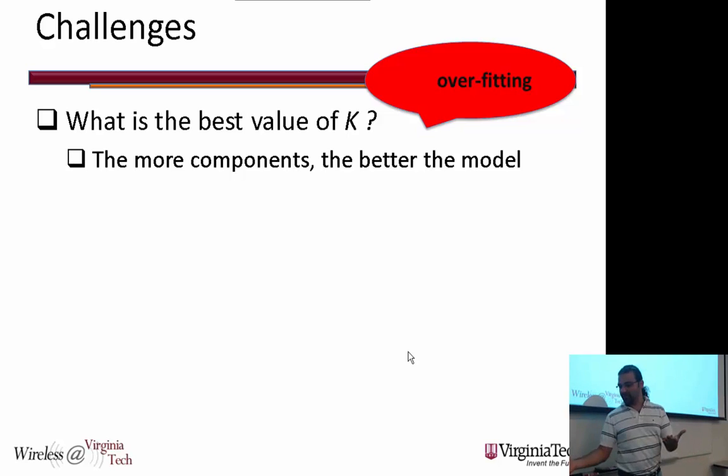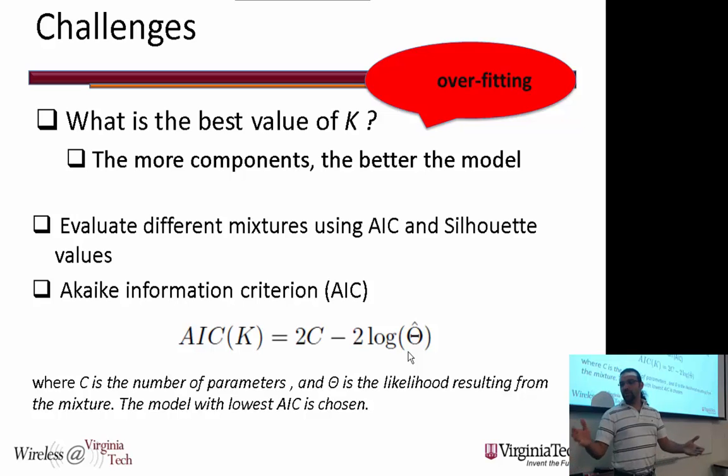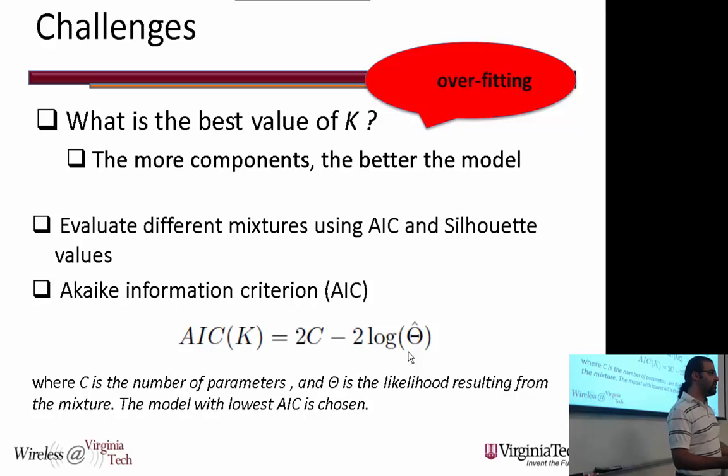So one way to solve this, and there are several metrics to evaluate which model is better, is to use, in my case, the Akaike information criterion in addition to the silhouette values test.